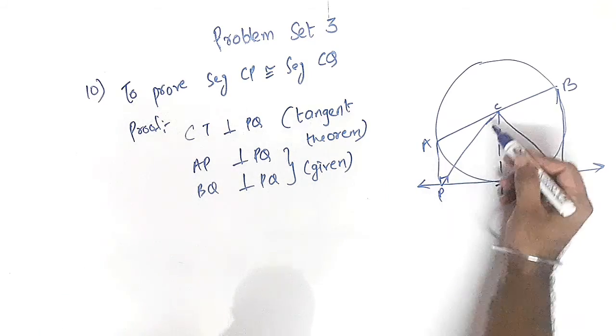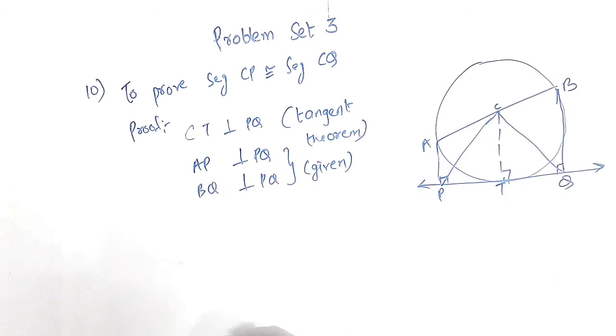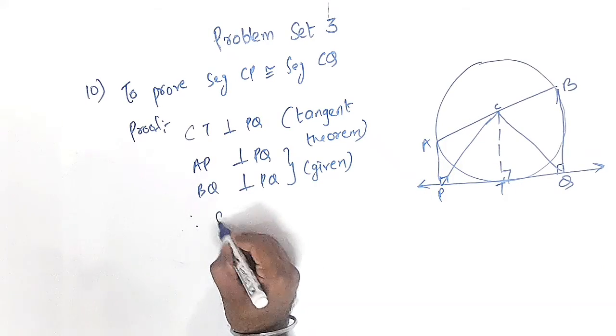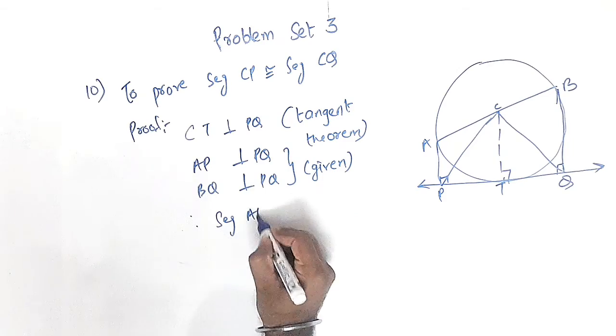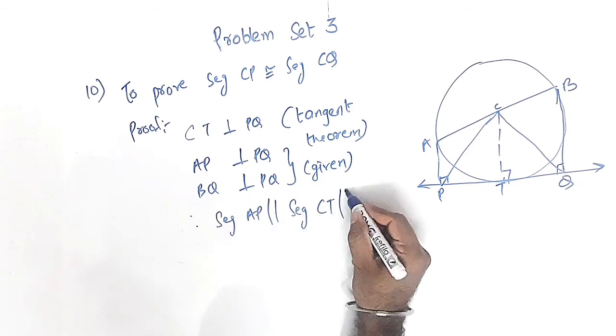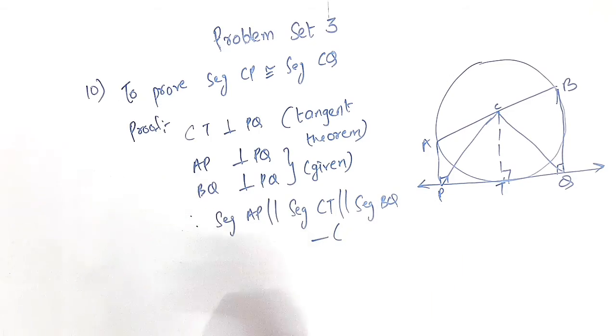Now, when all three lines are perpendicular to the same line, that means they are parallel to each other. Therefore, seg AP is parallel to seg CT is parallel to seg BQ.